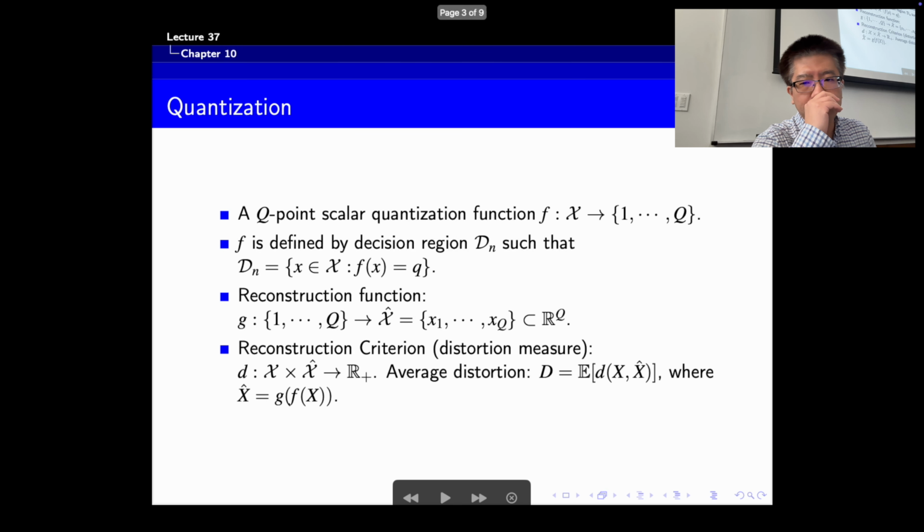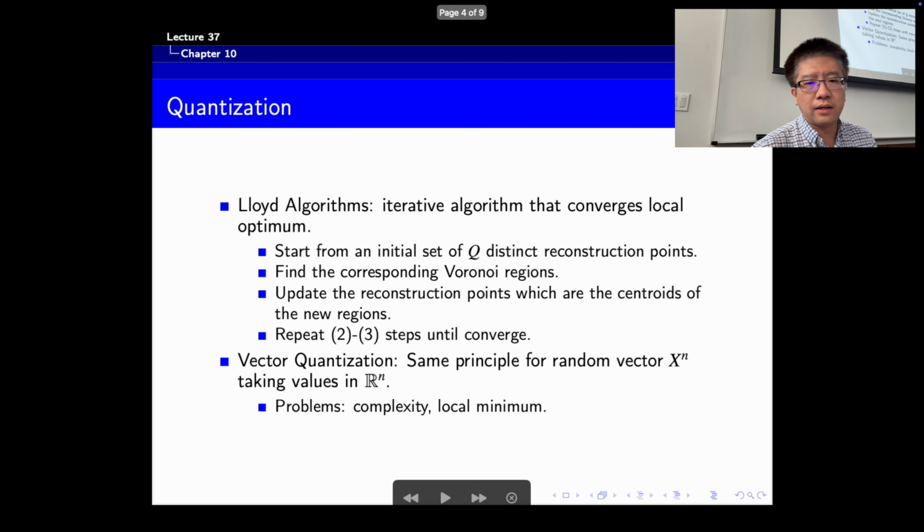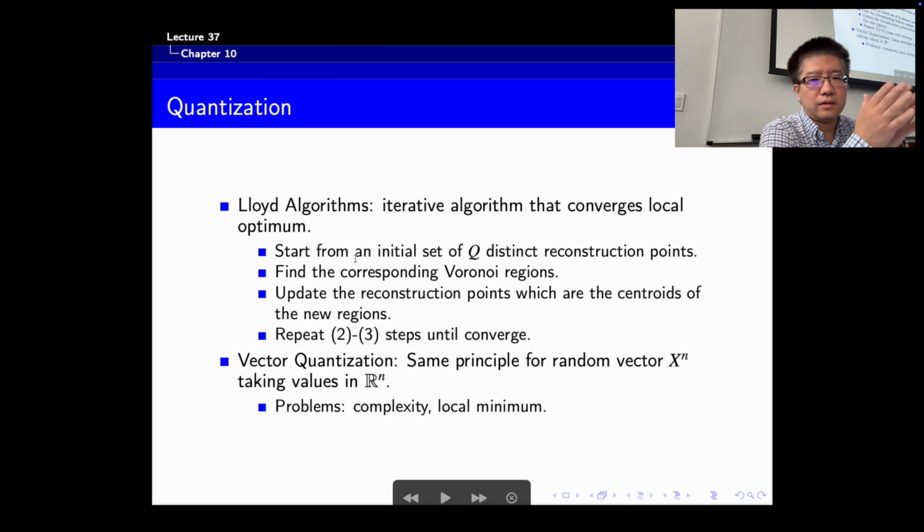And this is the definition of the quantization in the scalar case. We covered that 2 lectures ago. Then we can use this Lloyd algorithm, or k-means if you like, to find not the optimal, but a pretty good quantization region and quantization point.